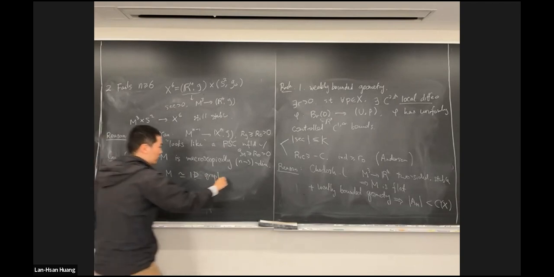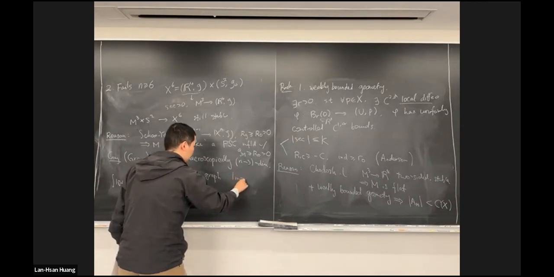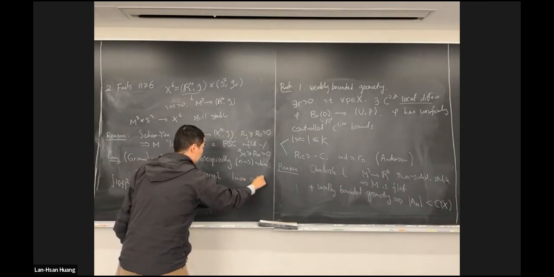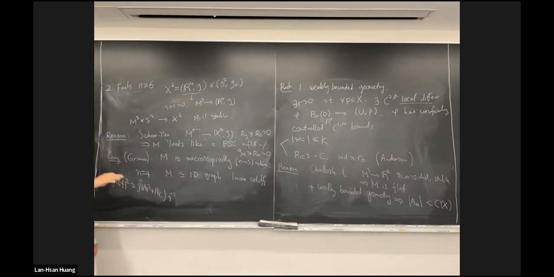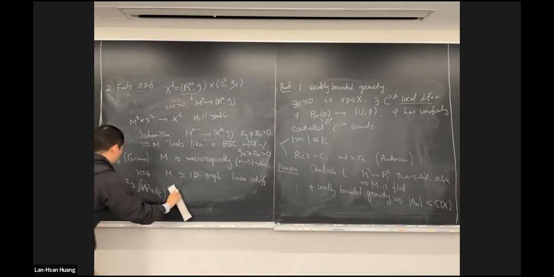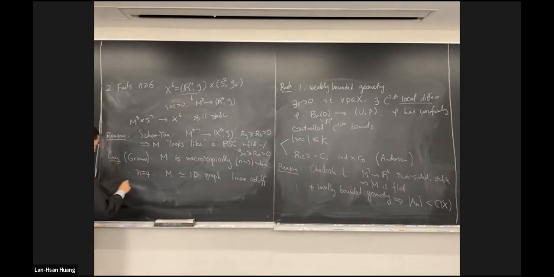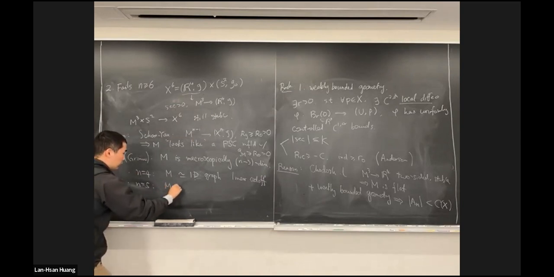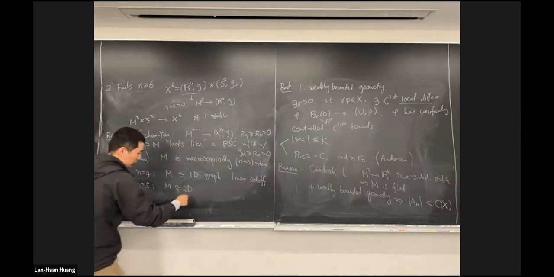So we can take a linear cutoff to conclude all the rigidity, A equal 0, Ricci equal 0 in general, etc. And when n is 5, the conjecture heuristically means that M should look like a two-dimensional space.